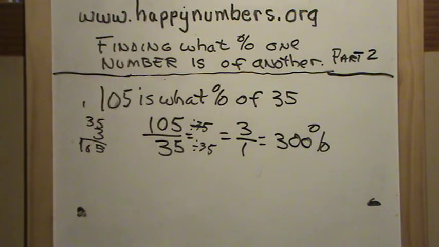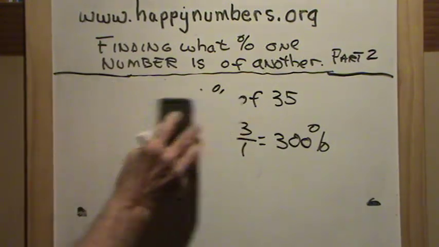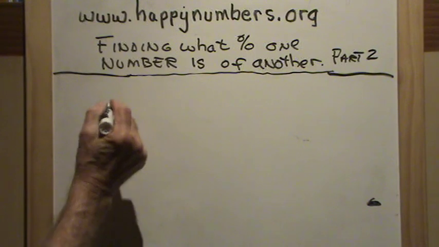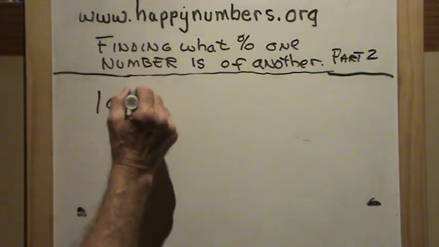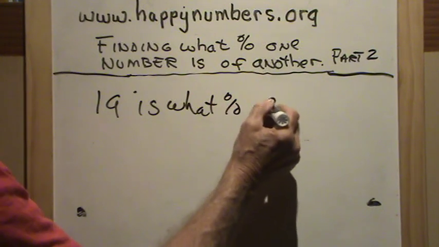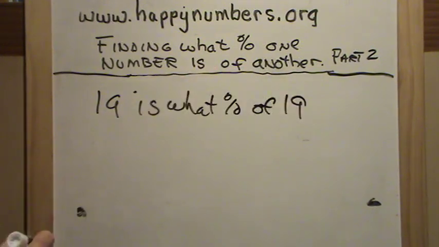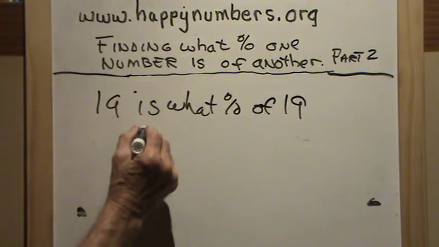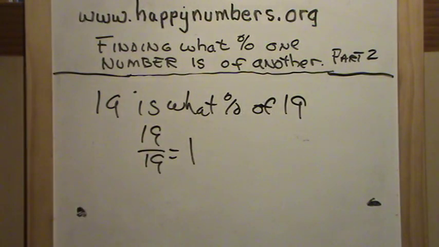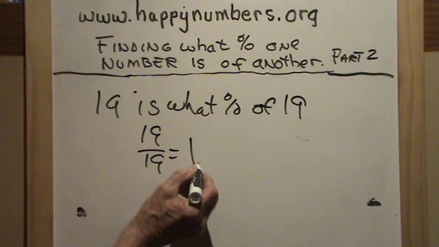Good. I want to show you one more problem. A little tricky. In fact, we'll work it together. If I said 19 is what percent of 19? Well, we could go 19 over 19, which gives us 1 whole, and we know there's a decimal here.